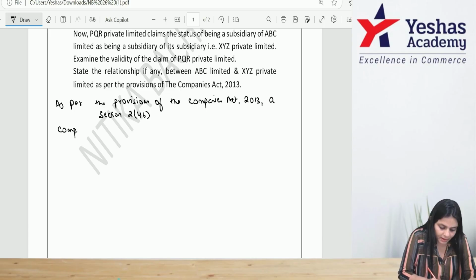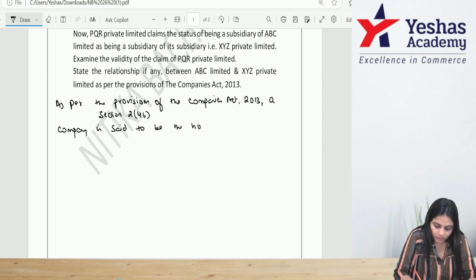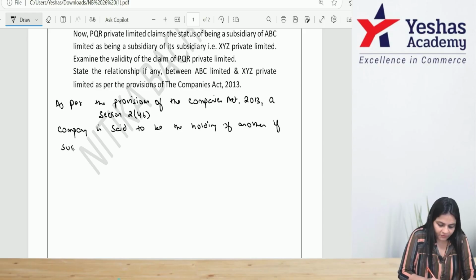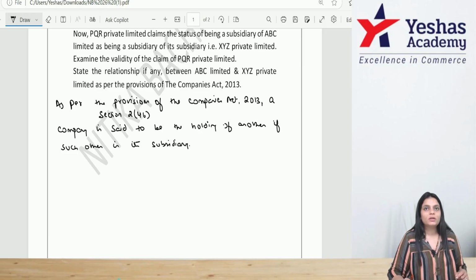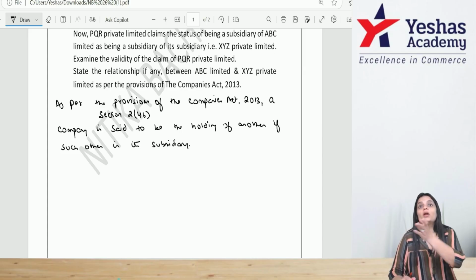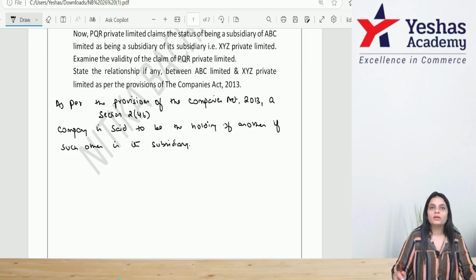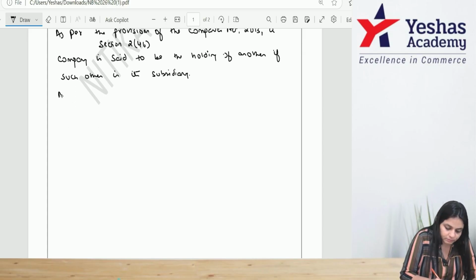A company is said to be the holding of another if such other is its subsidiary. I've written it in a little easy language. How it is given in the book, a company is said to be the holding of one or more other companies if such one or more other companies is its subsidiary.